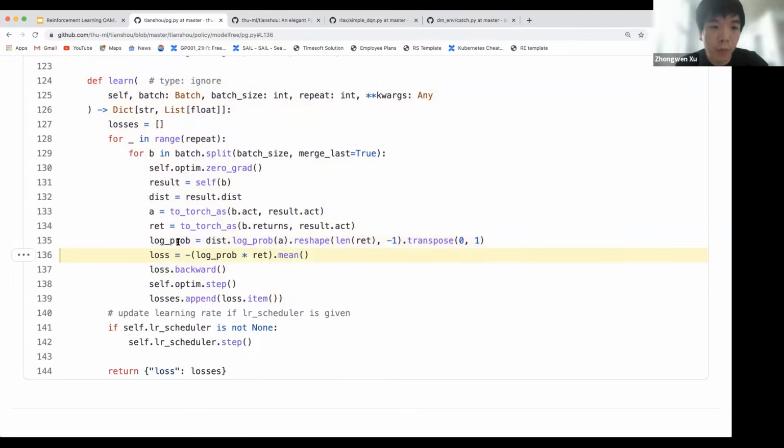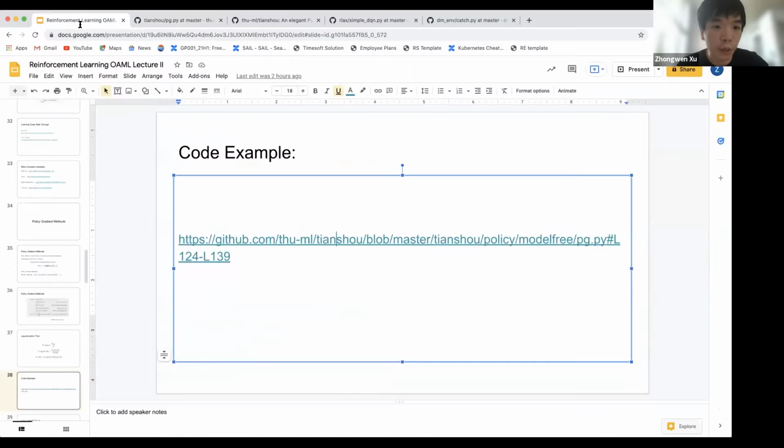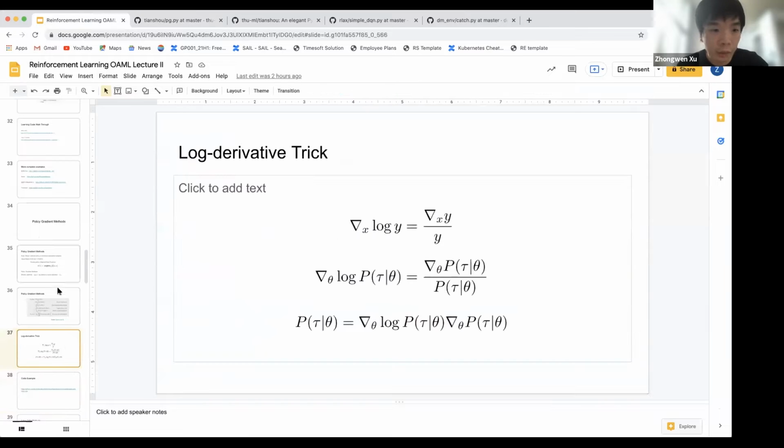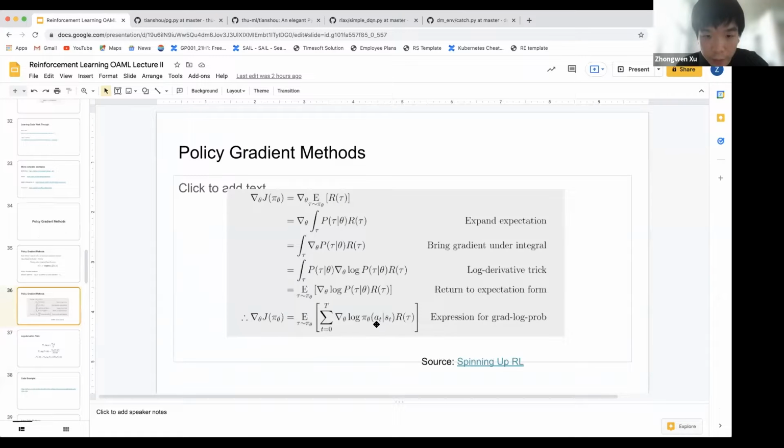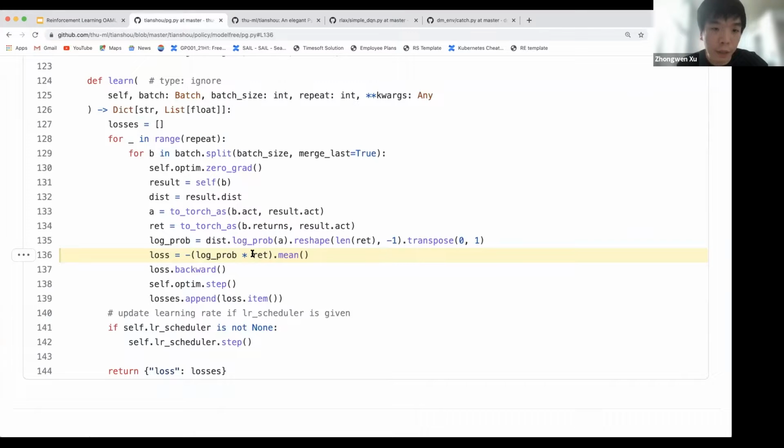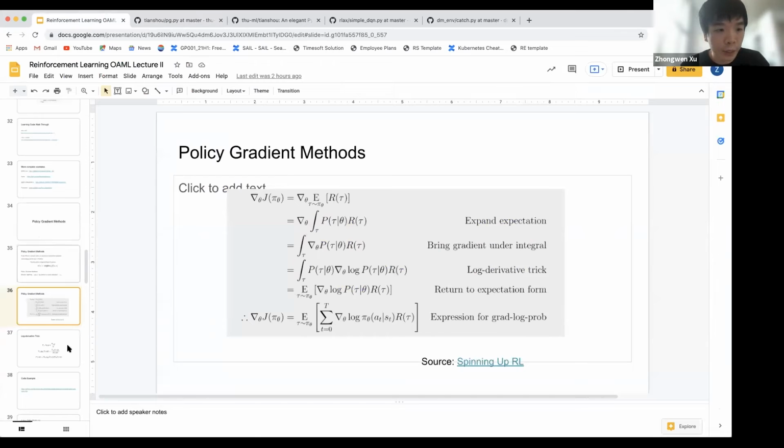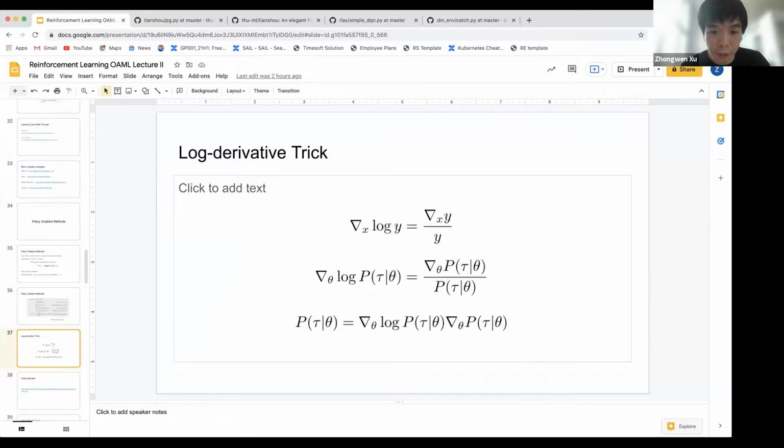The log probability is the log pi in this equation, multiplied by the return. So it's just log pi multiplied by the return, make it negative as a loss, and then you can just backprop and use gradient descent to optimize that. So it's a very concise and effective method.